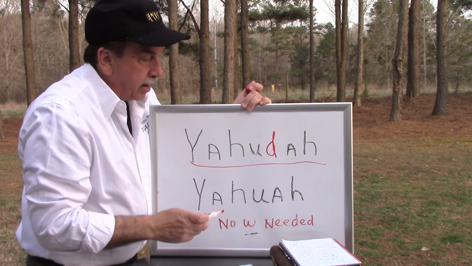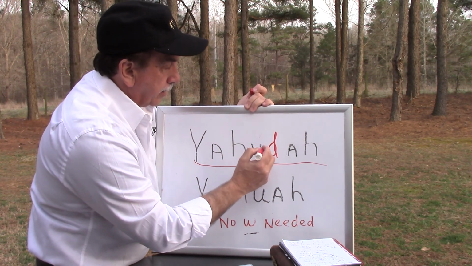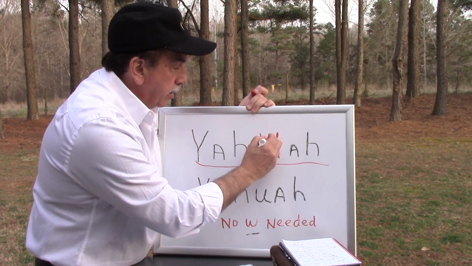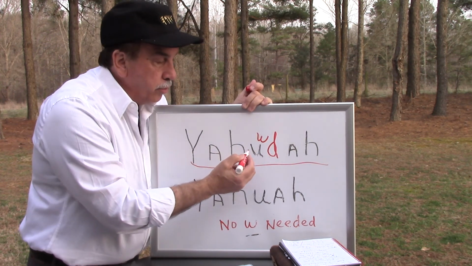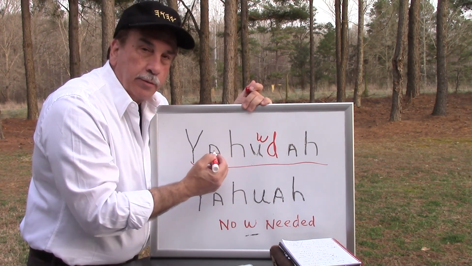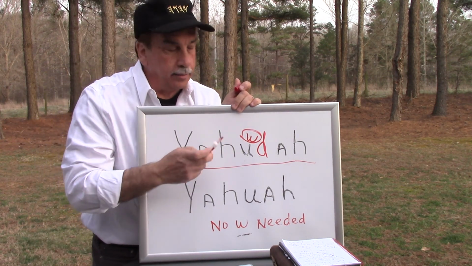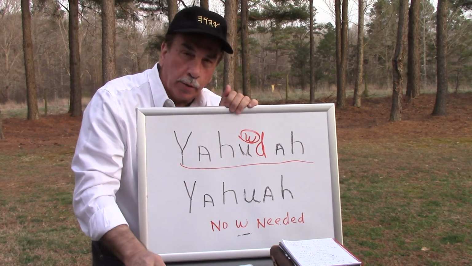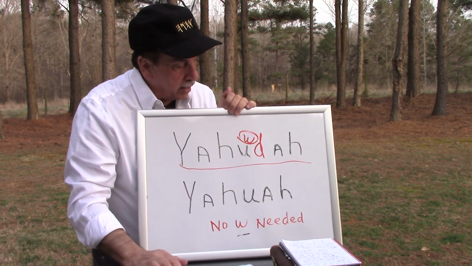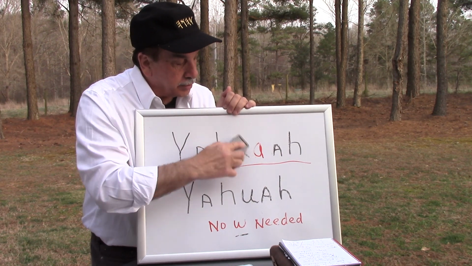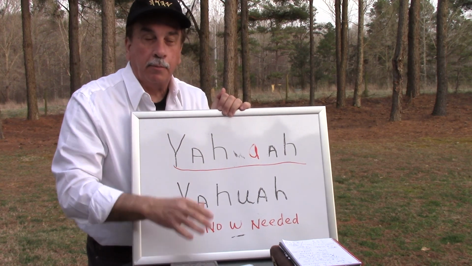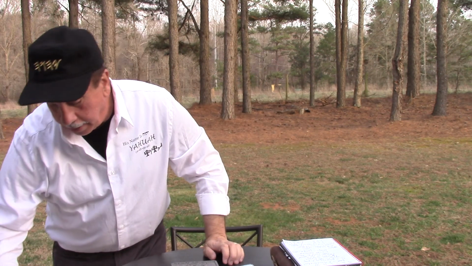Now, if you were to use a W in here, like when you're writing the Creator's name, it's not pronounced Yahuwdah. Why put a W in there when you're only misleading people about how the tribe of Judah is pronounced? It's Yahudah. So again, that's why we don't write an English W when I write the Creator's name, simply because it's not only not necessary, it's misleading, giving people the idea that a W sound should be in the name, and it should not be.